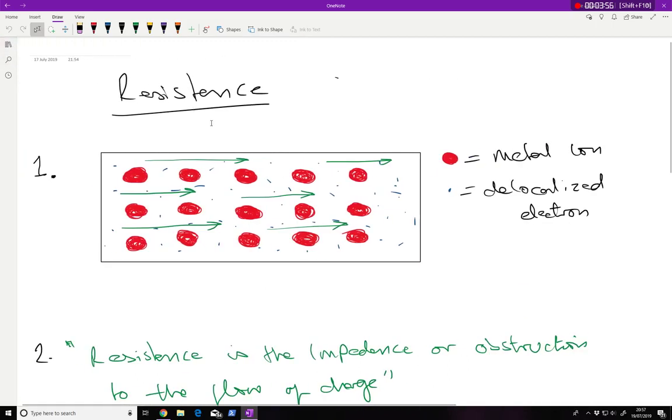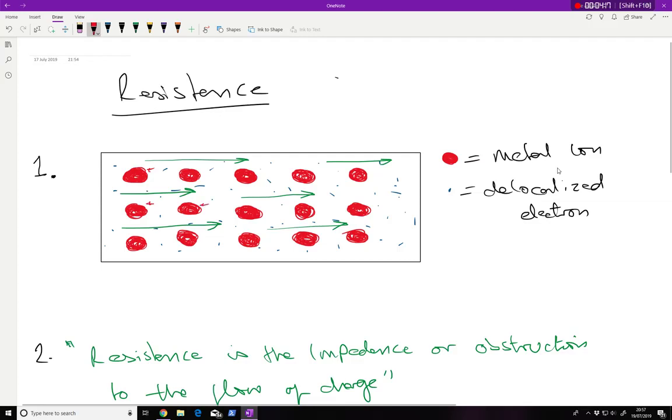Next up, the next important definition is resistance. So here I have my artist's impression of a block of metal. The big red circles are metal ions, and these are positively charged. Every single one of these metal ions is positively charged.